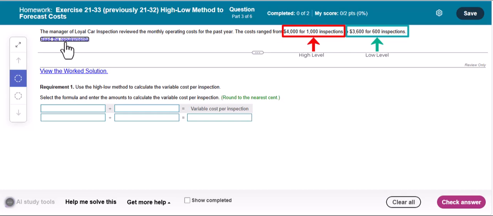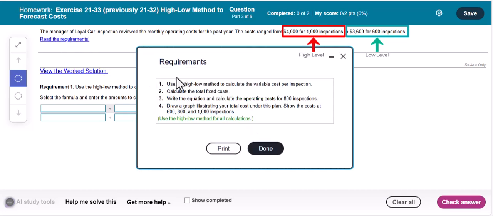Just to get a quick overview of this problem, we're going to use the high-low method to calculate variable costs, then use that to calculate the total fixed costs. Then we'll come up with an equation and calculate the operating cost for 100 inspections.